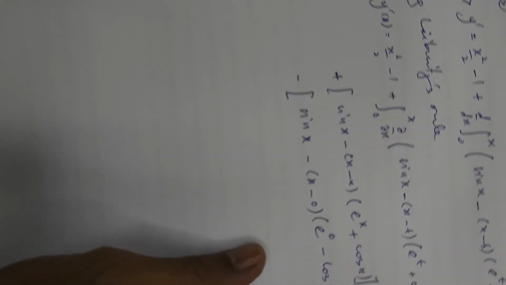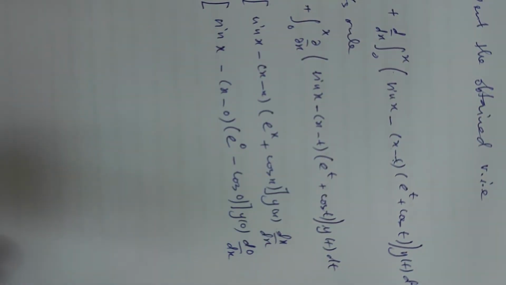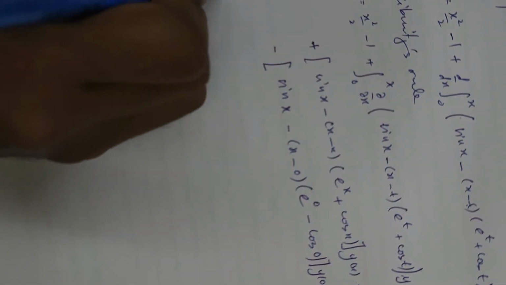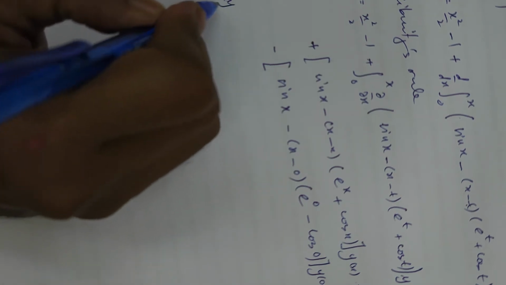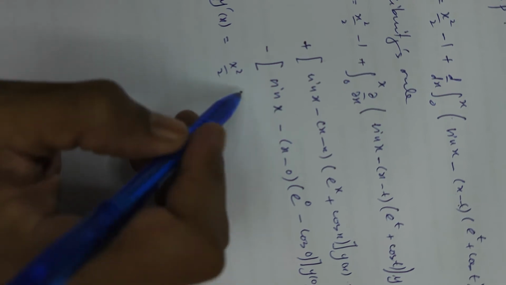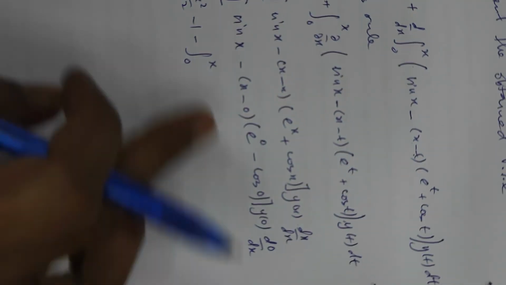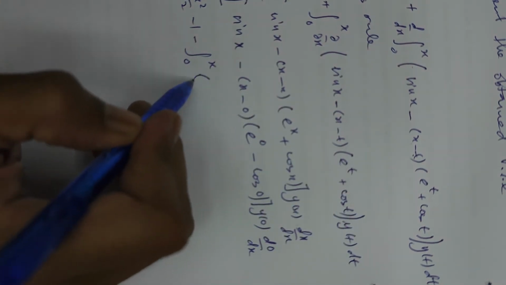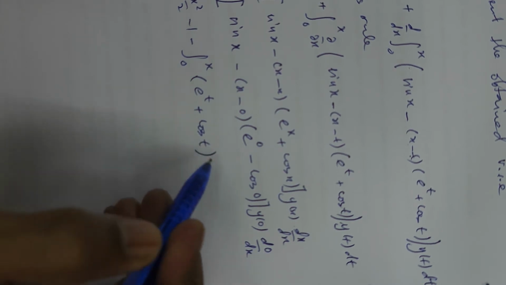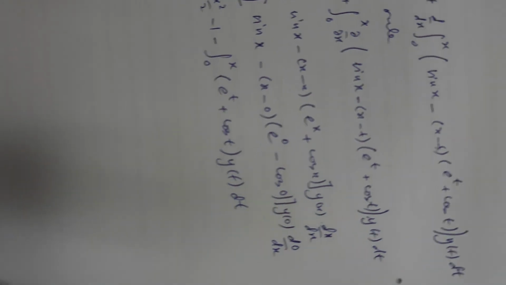Alright, so simplify this and don't forget to differentiate those with respect to x. Then we have y prime x equal to x squared over 2 minus 1 minus the integral from 0 to x, differentiating inside with respect to x, of e to t plus cos t, y t dt.